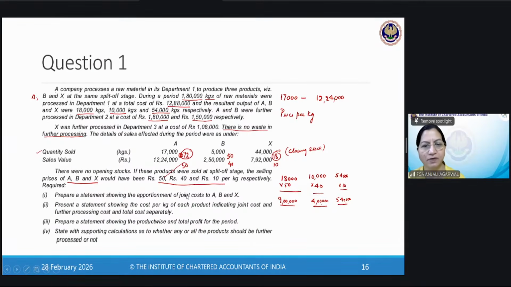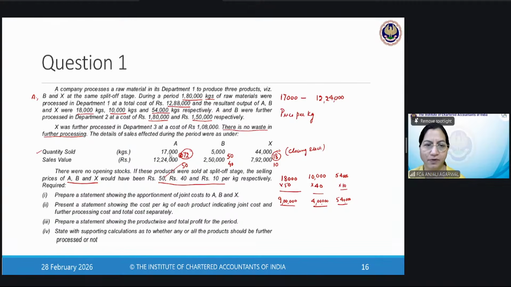So on the same rate, you will deduct the closing stocks and then find out the profit per unit. In the final exam, it will be mentioned. Otherwise, 90% you will go by the net realizable method. So product-wise profit is to be based on units sold, not on production.